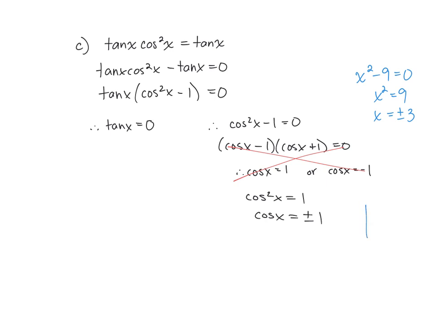So when I think about my cos curve, we're at a 1, we're at a minus 1, and we're back at a 1. So the values that work for x are 0, pi, and 2 pi. All right, we'll deal with our general statement for that in a moment.